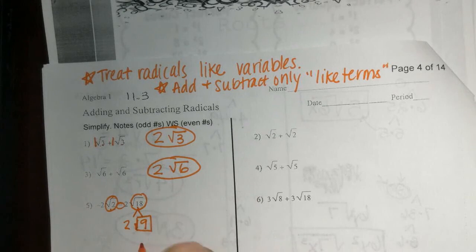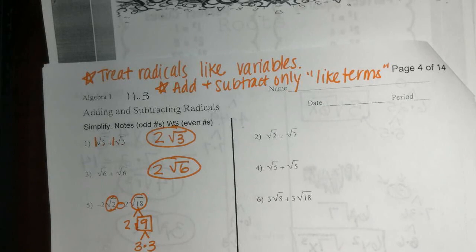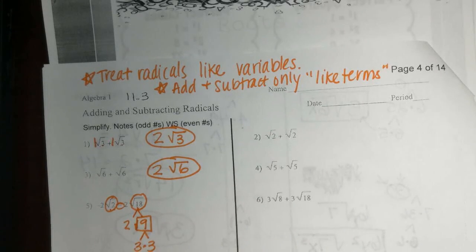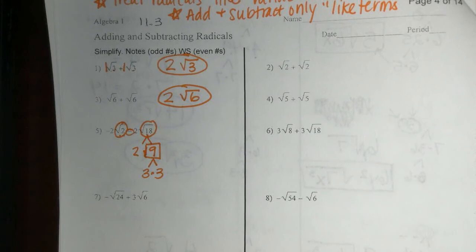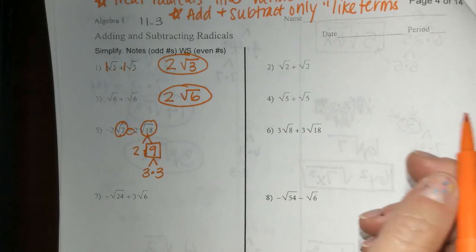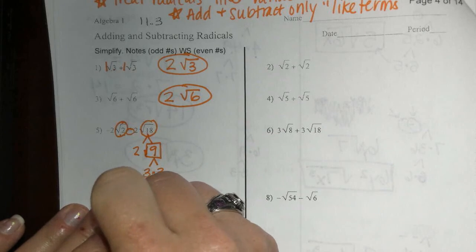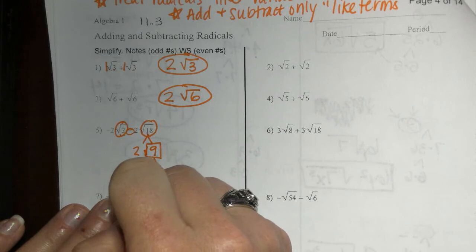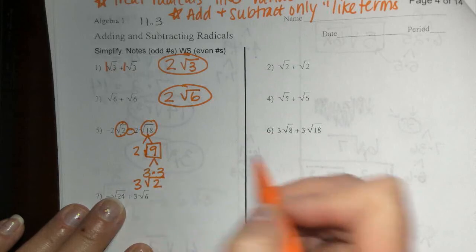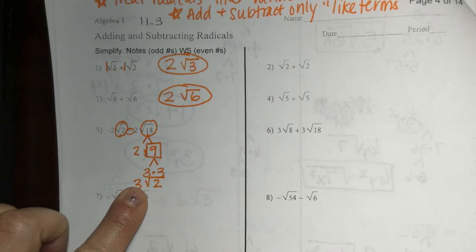So I put a square around that 9 to make myself remember that's a perfect square. So 9 is 3 times 3, right? So just like yesterday, we're going to pull that 3 outside, and then you're left with 3 times the square root of 2.